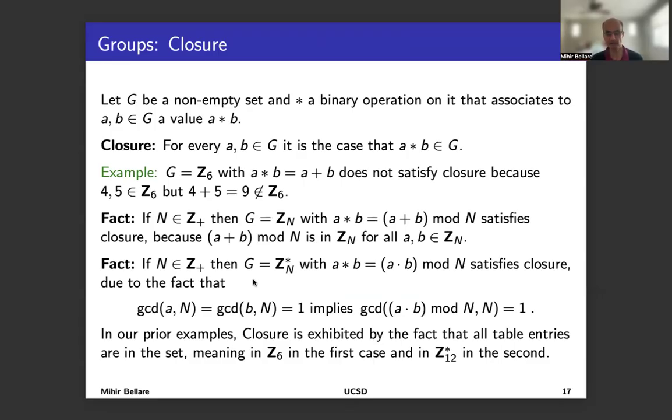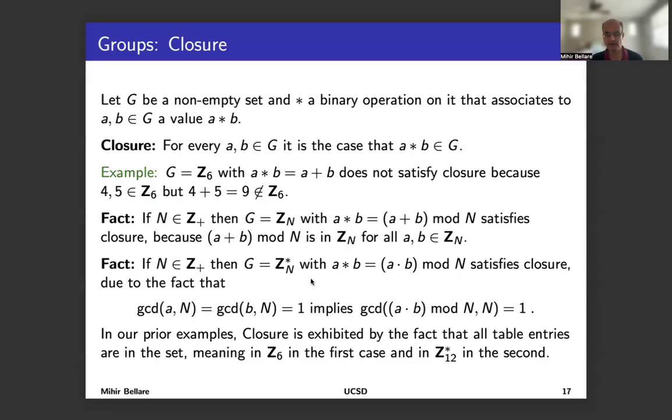Now let's turn to what we call the multiplicative group, which is Zn star with the operation of A star B being A times B, taken mod n. And we want to claim that again there's closure. It's somewhat interesting that this claim is non-trivial. In a math class, you would spend a little time and actually prove it.